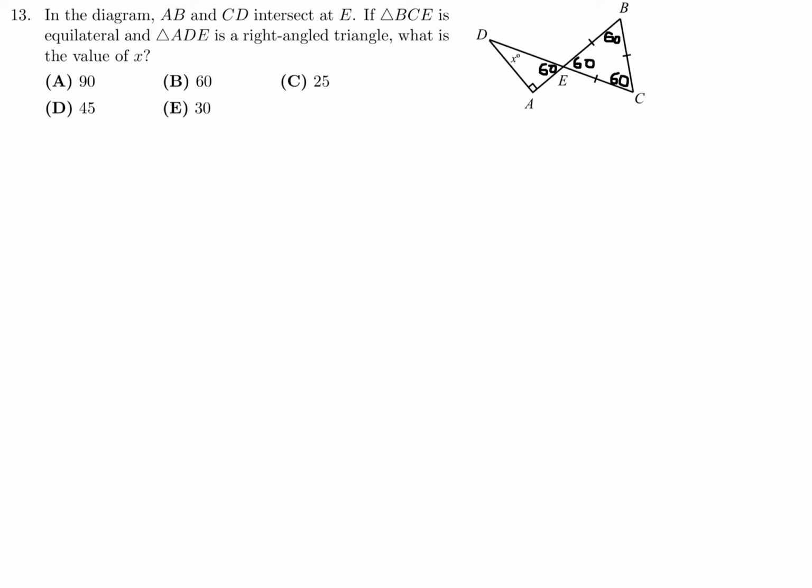So there we go. We have all 3 angles of that triangle DAE. One is X, one is 60, and one is 90 degrees, since that symbol is 90 degrees. And all of those angles, of course, have to add up to 180. And when you solve that, you get X equal to 30. So number 13, the answer is E.